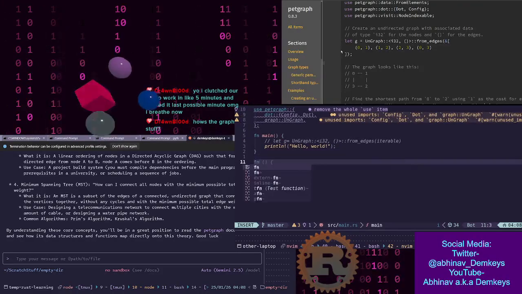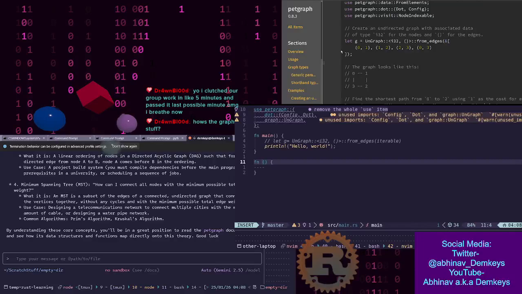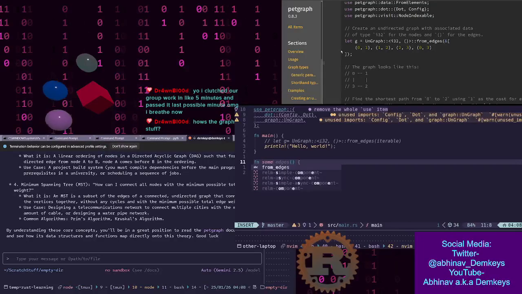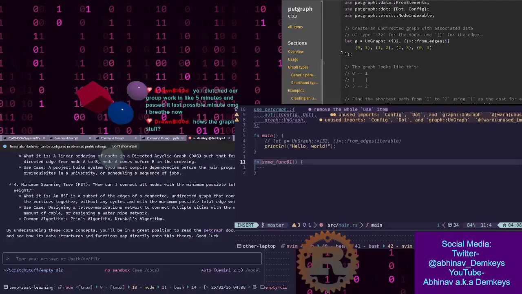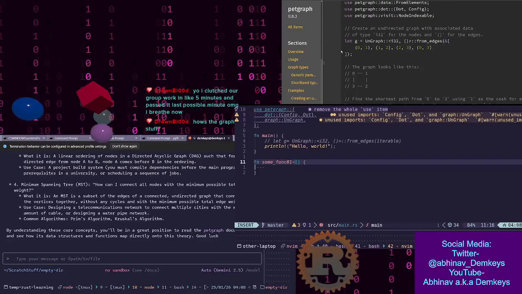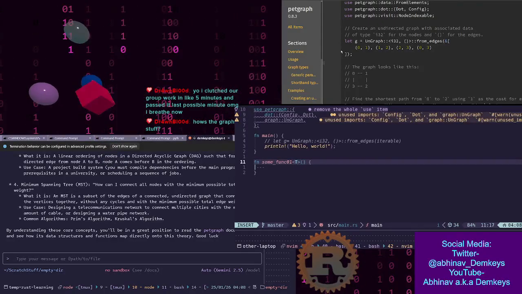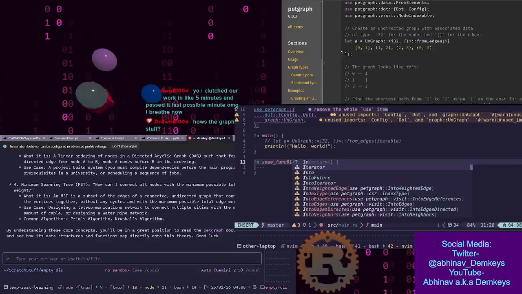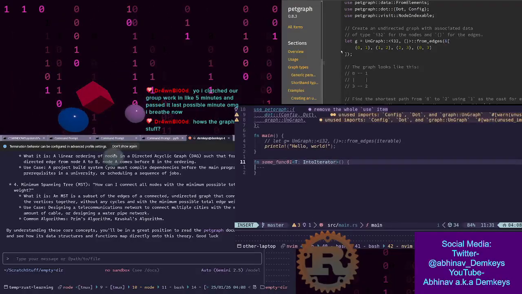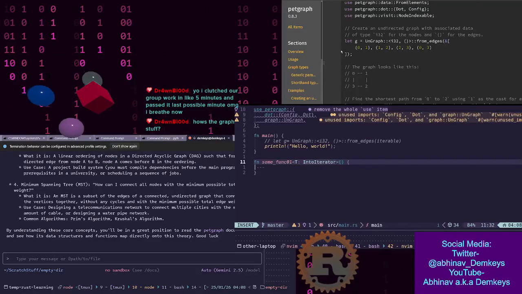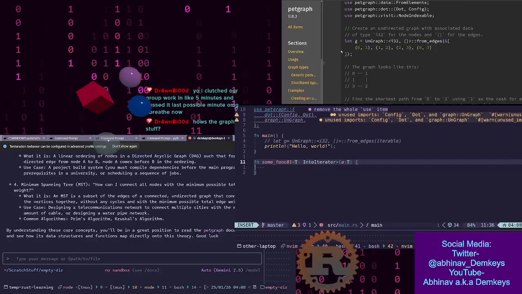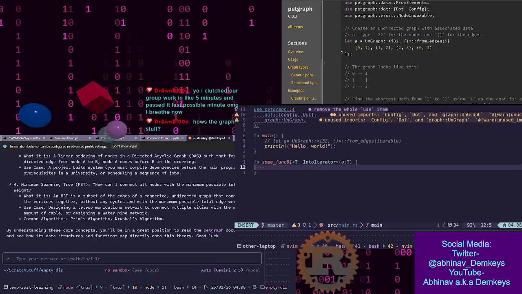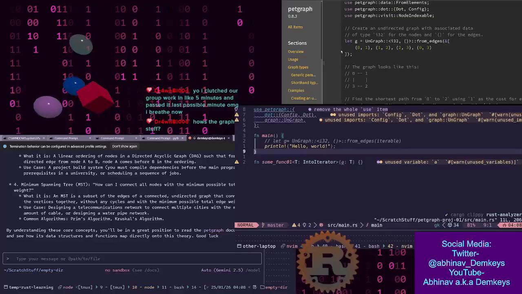Let's create a function, sum_func_o1. This takes in t, which requires an into iterator. We don't need to be specific about the type. And then this takes in t, and we are good. Okay.